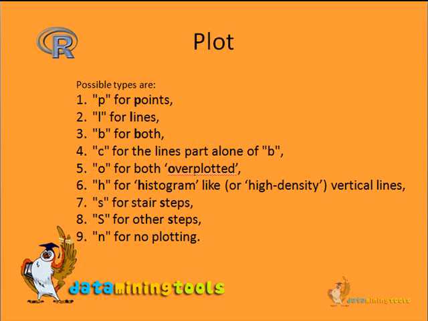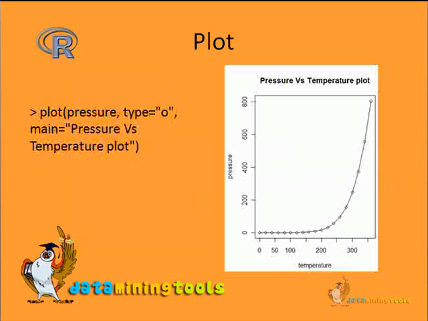These are different possible types. p for points, l for lines, b for both, c for the lines part alone of b, o is for both overplotted, h is for histogram-like or high density vertical lines, s is for steps, capital S is for other steps, and n is for no plotting. It will not plot anything.